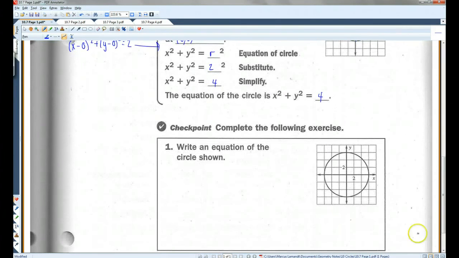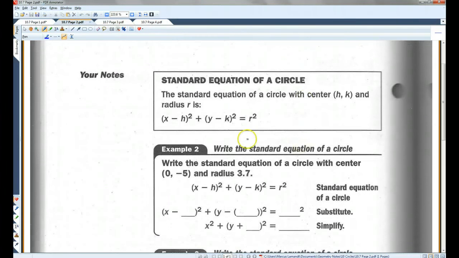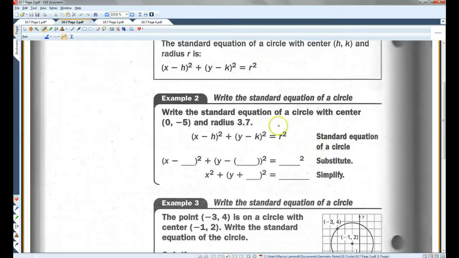Alright, you guys can do this one. Let's go on to page 2. Okay, once again, the standard equation of a circle. Write the standard equation of a circle with center (0, negative 5) and radius 3.7. Alright, so here's our h and our k, and here's r. Let's just plug it in. (x minus 0) squared plus (y minus negative 5) squared equals 3.7 squared.